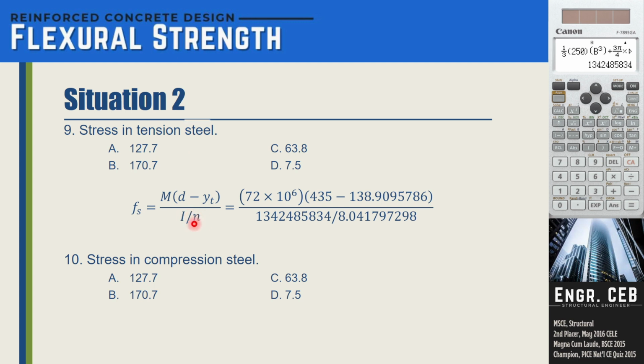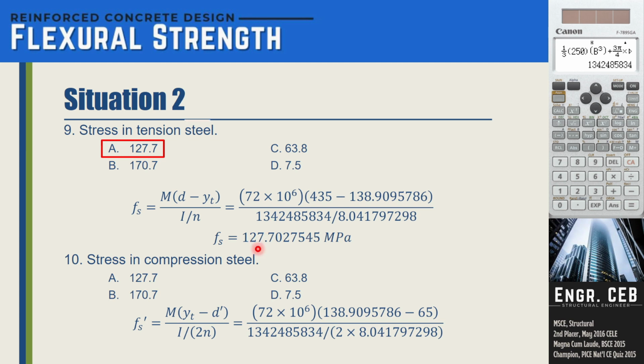We have to convert to the steel, so that is I over n. f s equals 127.70 megapascals. Stress in compression steel: that is M, then y sub t minus d prime over I over 2n. Be careful sa modular ratio, no? Kapag tension steel, n. Kapag compression steel, naka 2n tayo. That is letter C.